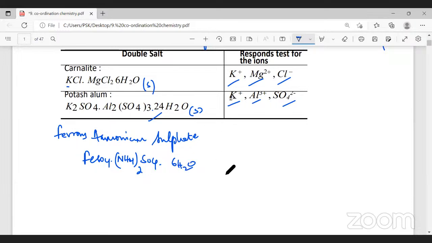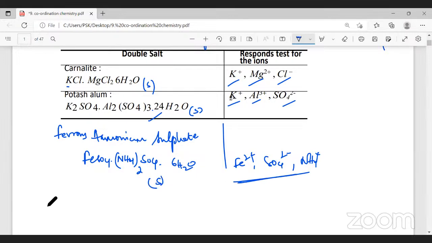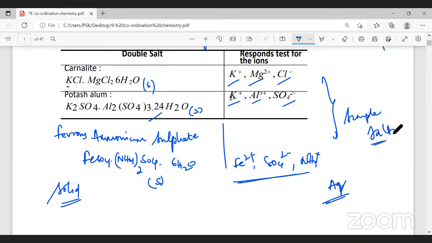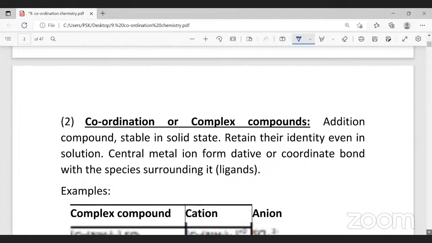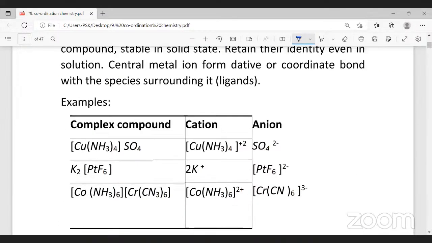This also gives simple ions: ferrous ions, sulfate ions, and also ammonium ions. So a double salt will maintain its identity only in the solid state. In aqueous medium, it behaves like a simple salt. They behave like what salt? Simple salt. Did you understand this so far? Yes, sir.